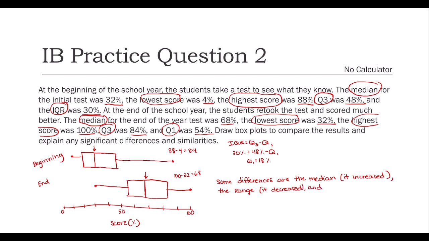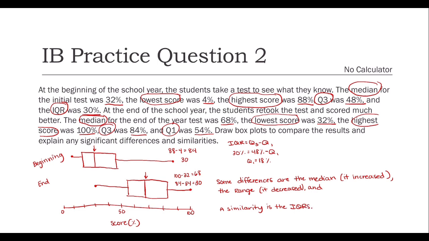And if we look at our IQR, it went from being 30 to Q3, which was 84, minus Q1, which was 54. So it's still 30. So we could say a similarity is the IQRs.